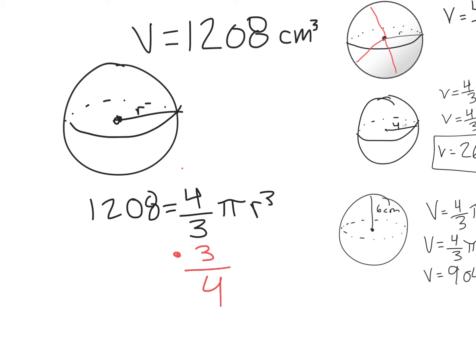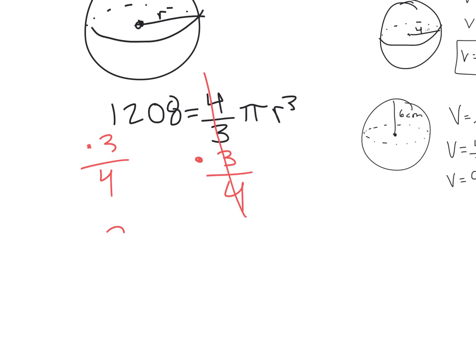4/3 times 3/4 cancels out to 1. And I'm going to multiply this side by 3/4. And so when I do on my calculator 3 divided by 4 times 1,208, I get 906. So I have 906 equals pi times the radius cubed.